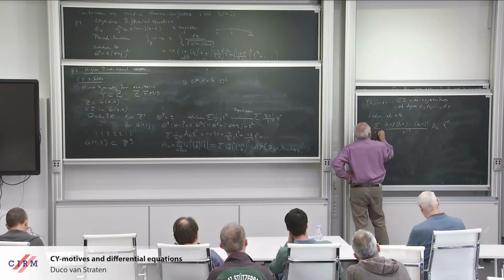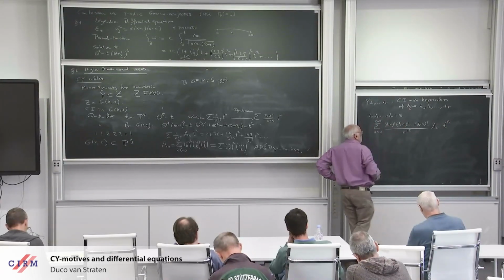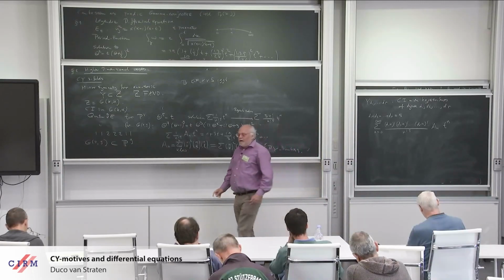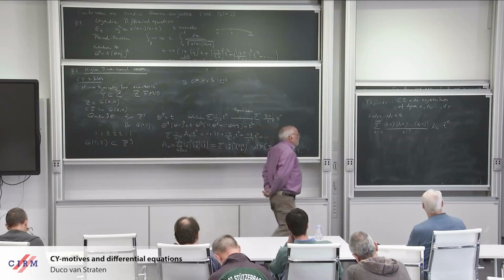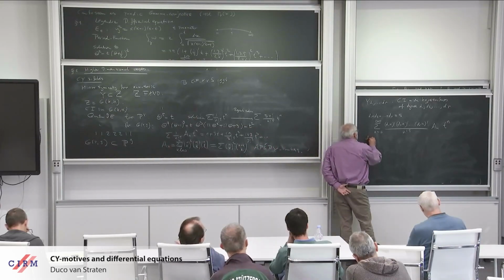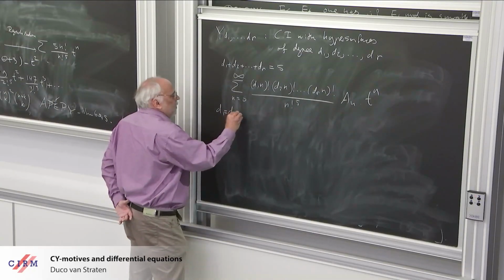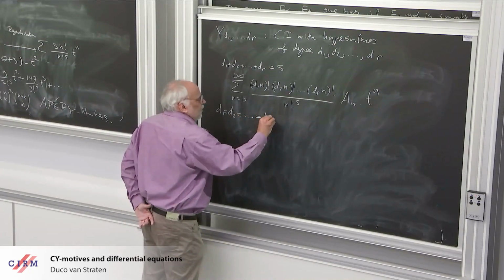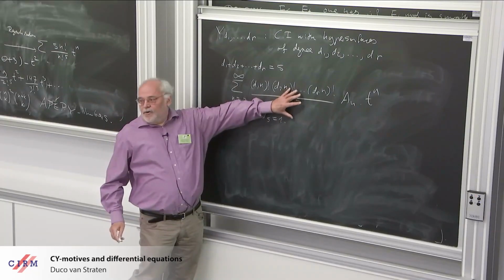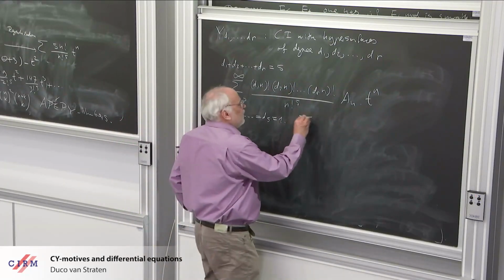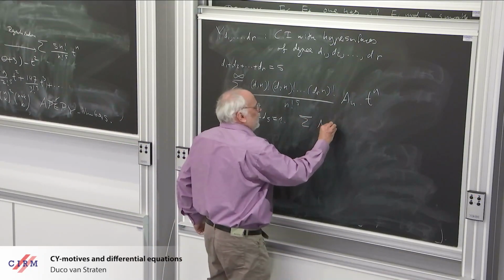like this. And this now satisfies a regular singular differential operator. So if you take d1 all ones, then the factorial is just ignored and you get the series a_n t^n.